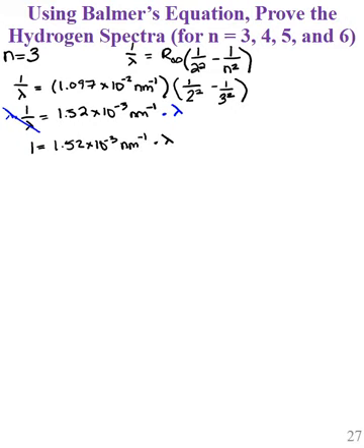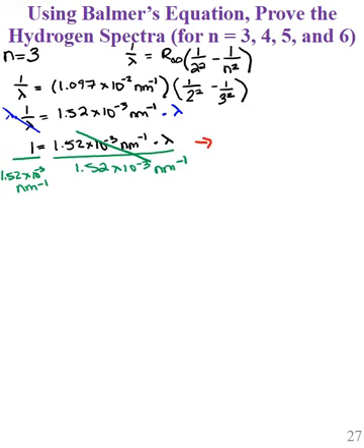Okay, now the wavelength, I still need to get it by itself, so now what must I do? Divide both sides by that number, 1.52 times 10 to the negative 3 inverse nanometers. This allows me to cancel off the number on the right side.